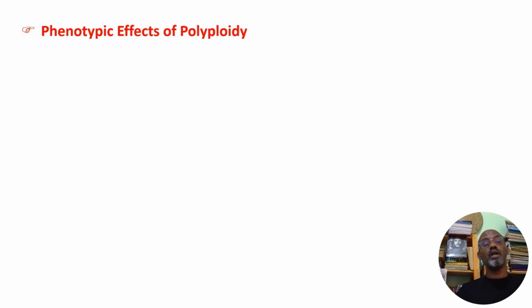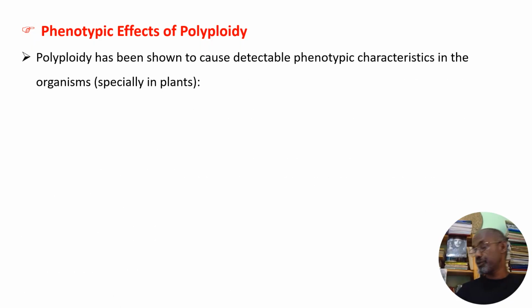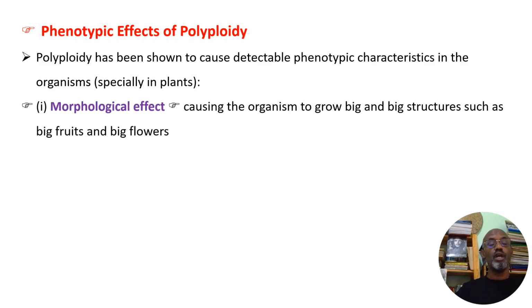Phenotypic effect of polyploidy. Now we should see one. Polyploidy is especially important in plants, angiosperms. Polyploidy has been shown to cause detectable phenotypic characteristics in organisms, especially in plants. It causes morphological effects, body size effects, causing the organism to grow big structures such as big fruits and big flowers.